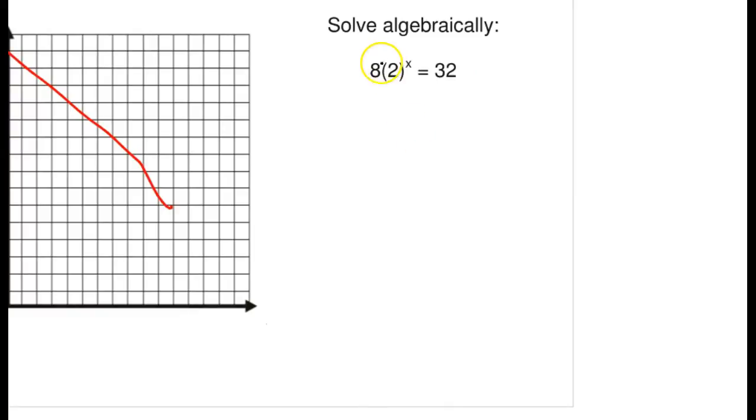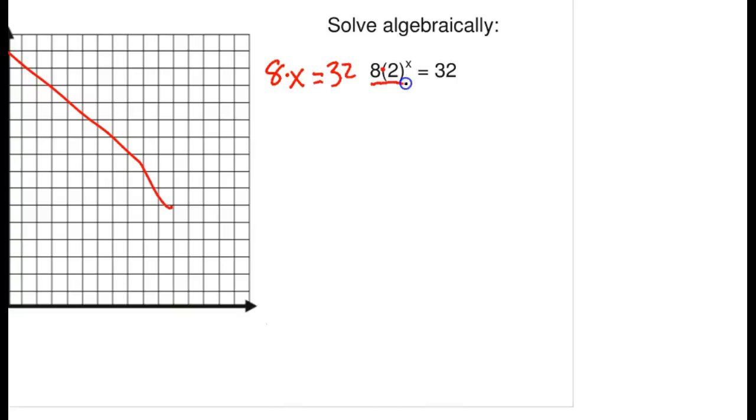Okay. So on these, you can see we have something with a coefficient in front. So treat this like you would here. Okay. If you had a coefficient in front, this means multiplication, you would just go ahead and divide by it, right? Divide by the coefficient. Same thing here.